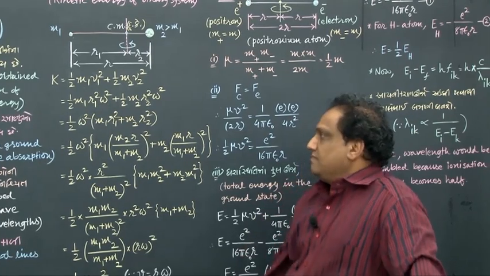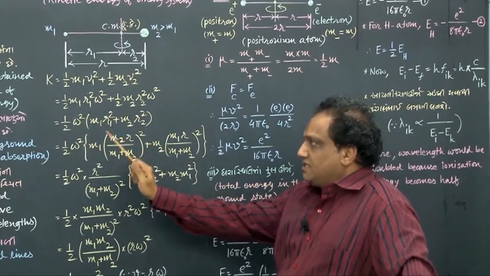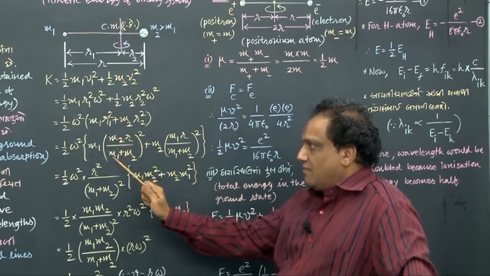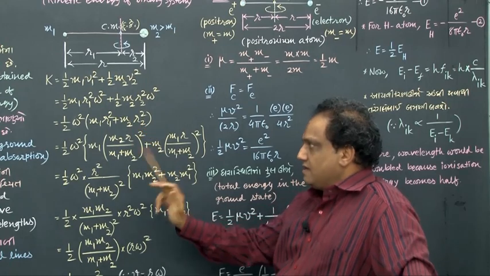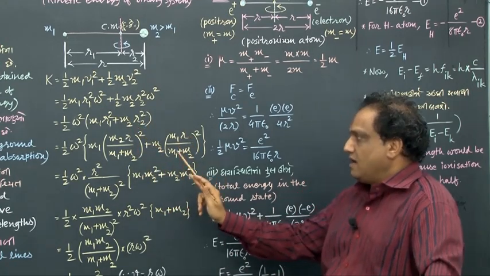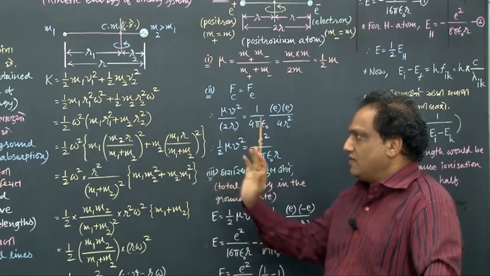So m1 as it is, times m2 r upon m1 plus m2 whole square; m2 as it is, times m1 r upon m1 plus m2 whole square.